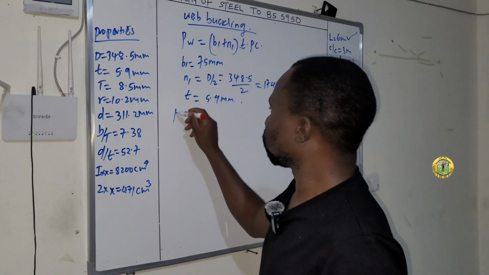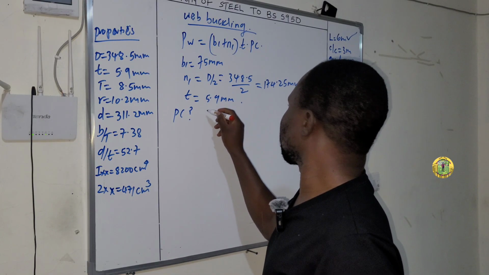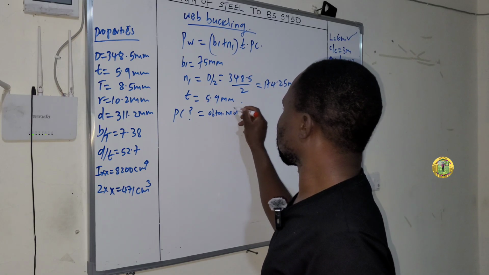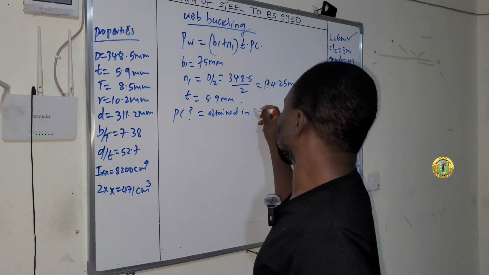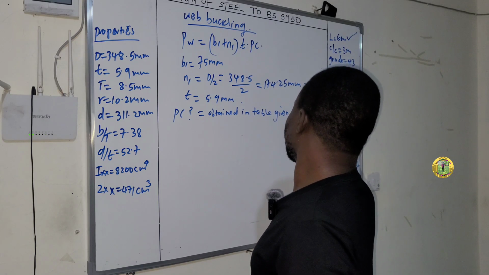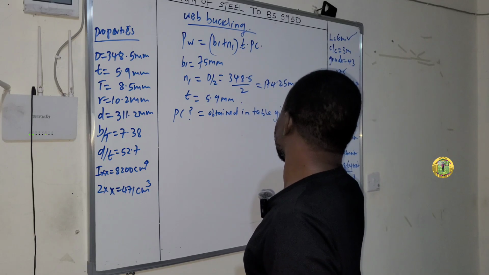So PC is obtained in the table given in BS 5950, not 8110.